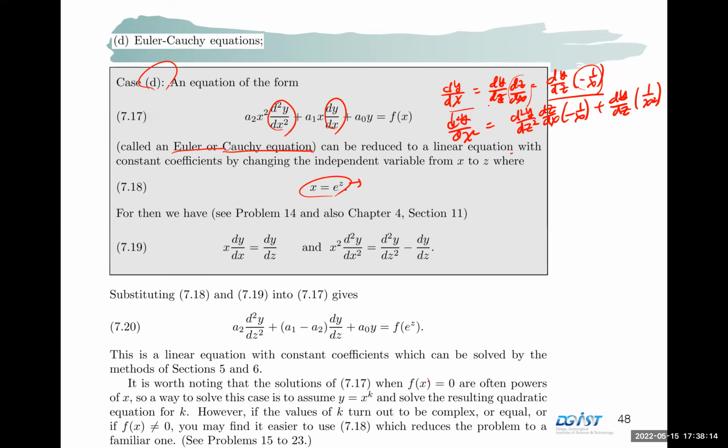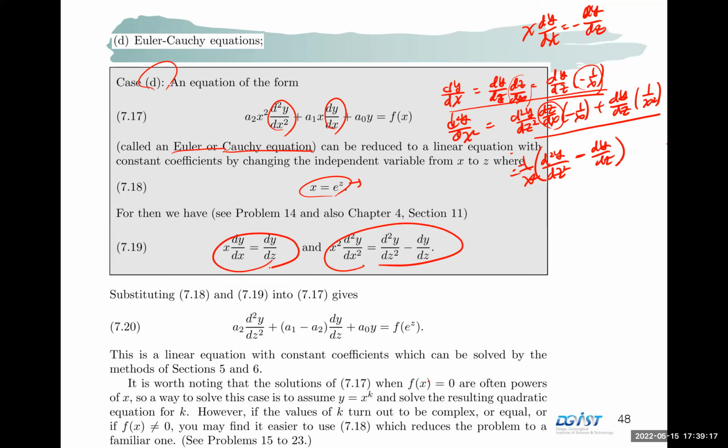From this relation, we obtain x dy/dx is dy/dg. And x square times the second derivative is the second derivative with respect to g, with a minus sign on dy/dg. There was some missing sign, yes, it should be minus. I missed something. Anyway, we can obtain this relation.